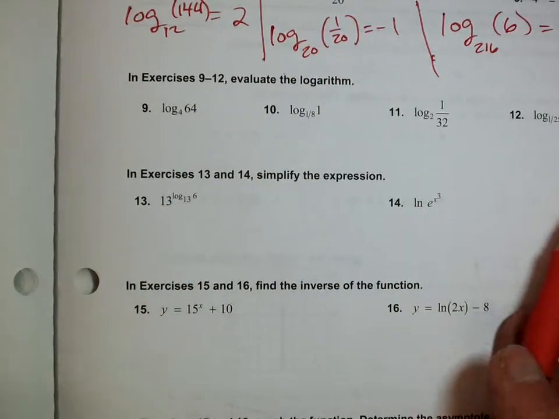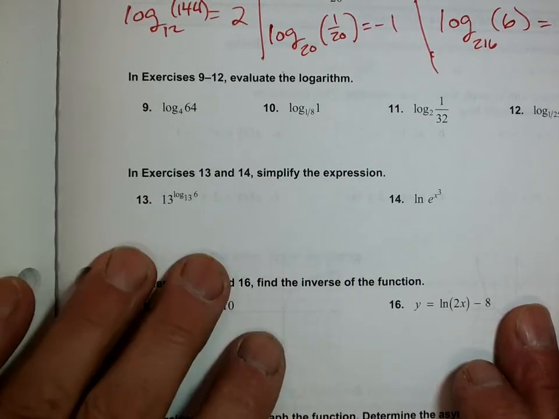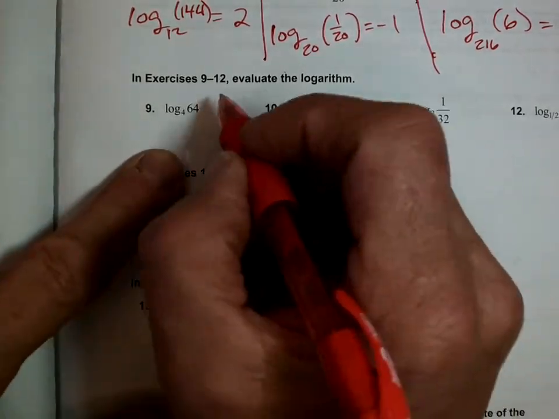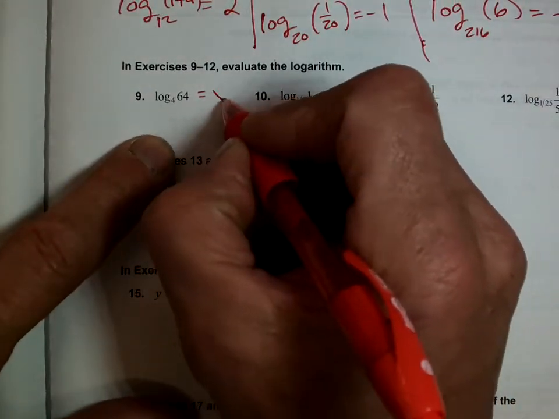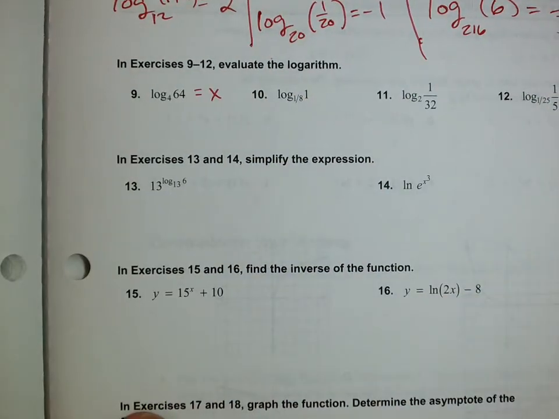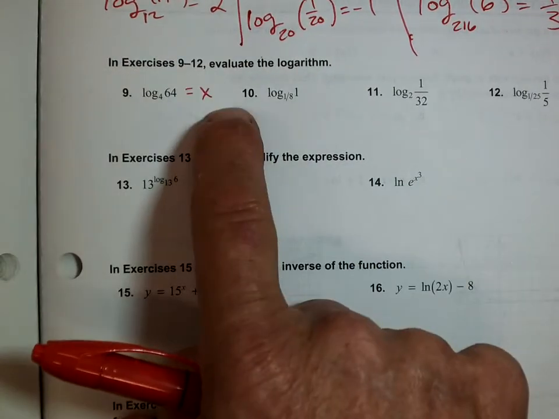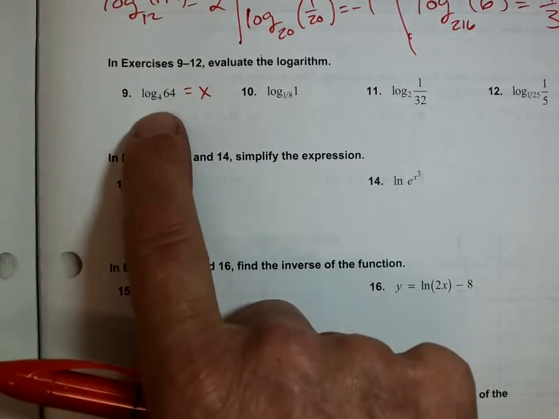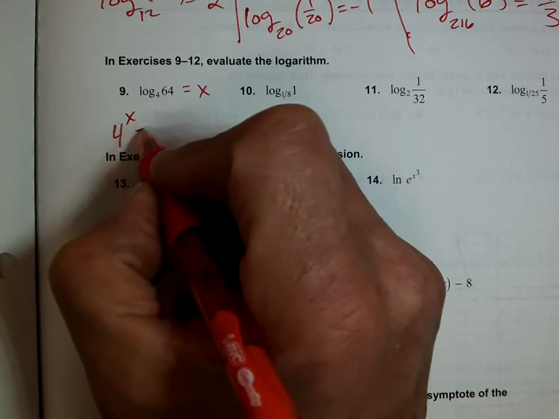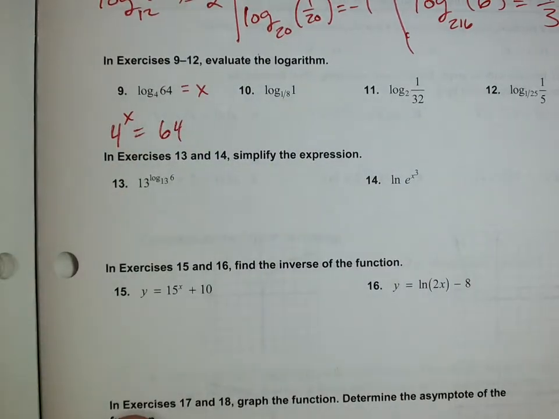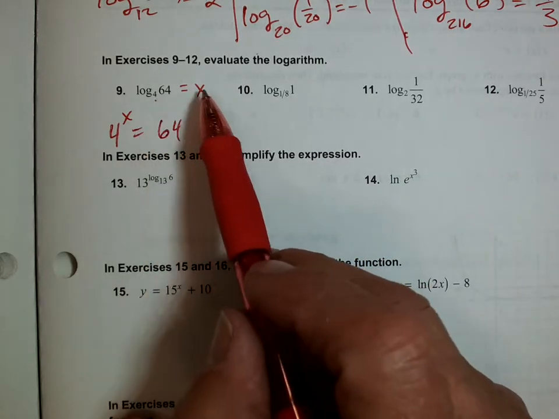Now, on 9, let's do just the opposite. So here we go. Set it equal to something. I'm going to set it equal to x. Now, 4 to the x power equals 64.